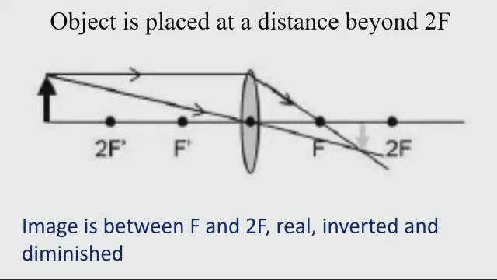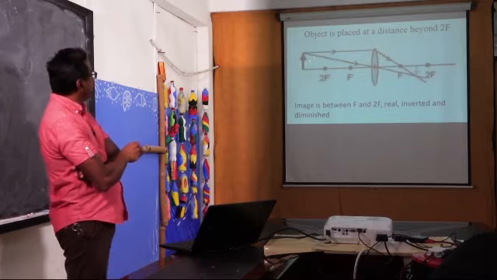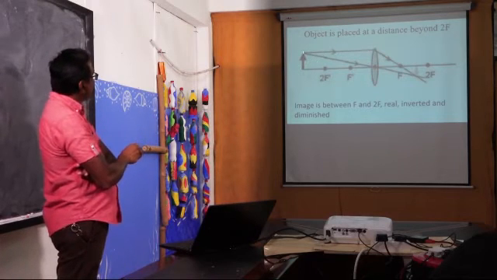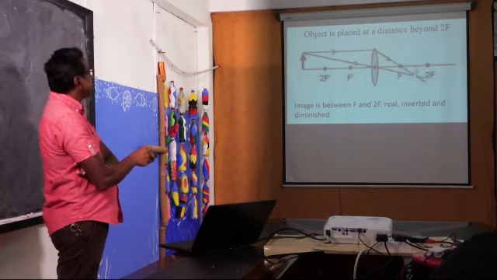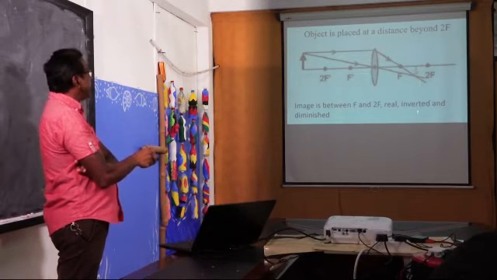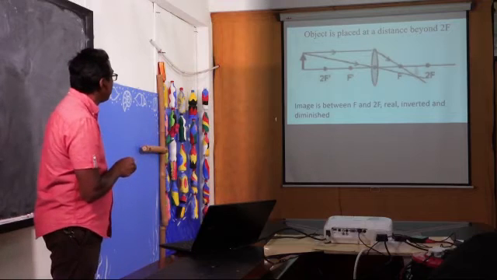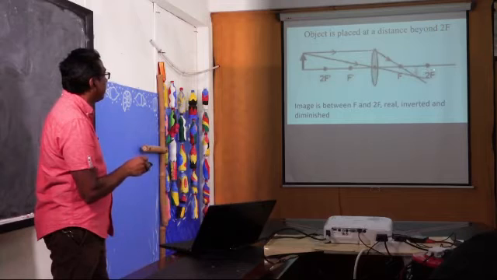Now, let us look at this. An object placed at a distance beyond 2F. When the object is beyond 2F, when you draw your lines, you will see that the image is going to be between F and 2F. And it is going to be smaller. And it is going to be inverted. Let us see if we understand it well. Image is between F and 2F. It is real.